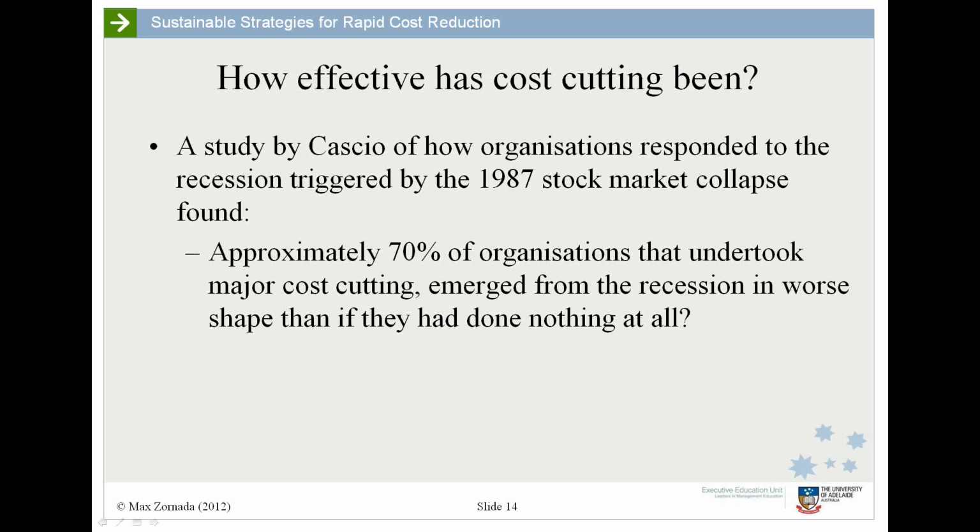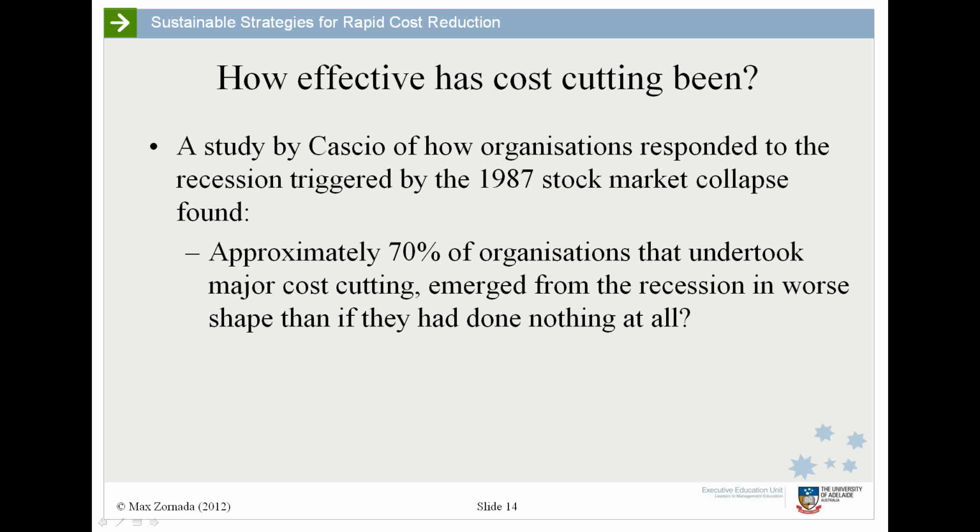There was an interesting study done by a guy called Cascio, who's an HR consultant and academic, and he did quite a detailed study of organisations that responded to the recession that was triggered by the 1987 stock market collapse. So there was a period from about 87 to 92 where there was quite a bit of turmoil, and organisations responded by aggressive cost cutting in many cases.